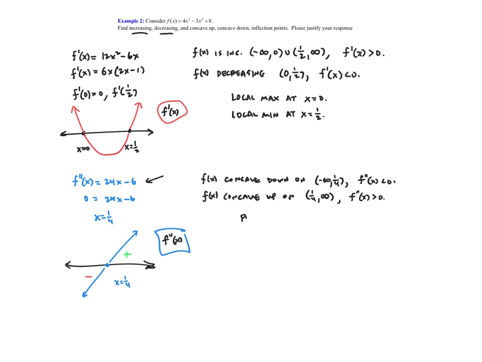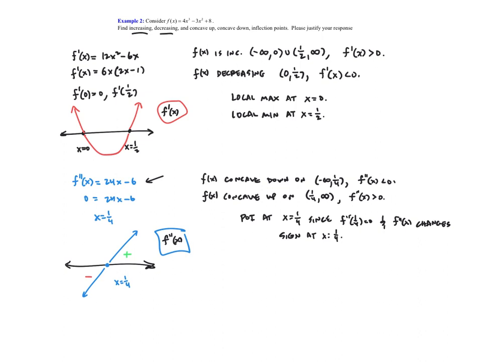There's a point of inflection at x equals 1/4, since f double prime of 1/4 equals 0, and f double prime of x changes sign at x equals 1/4.